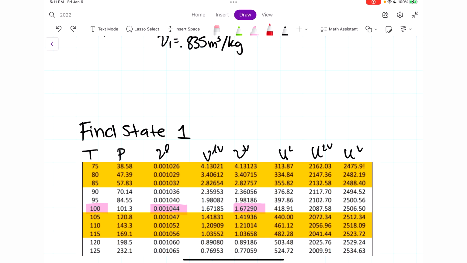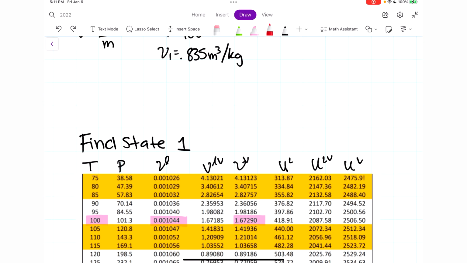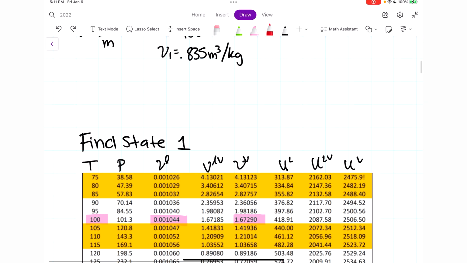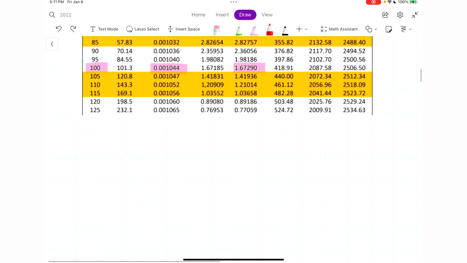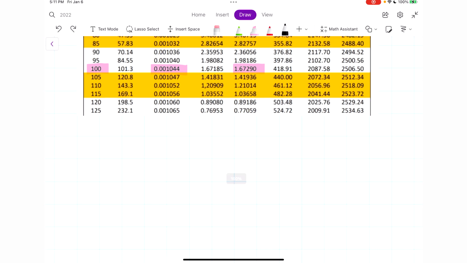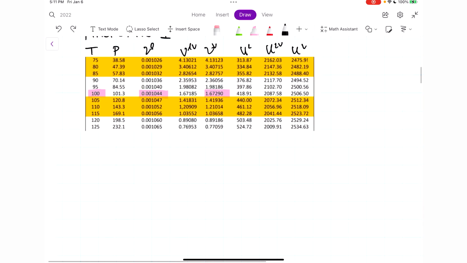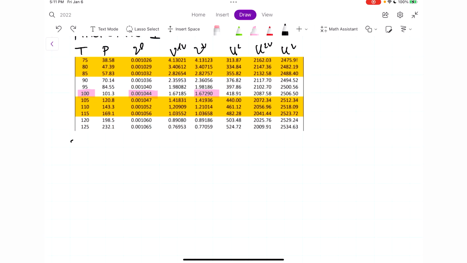So let's go ahead and compare. Our specific volume is 0.835 meters cubed per kilogram. And if we check our table, let's just re-explain that. Our specific volume of a saturated liquid is 0.001044.